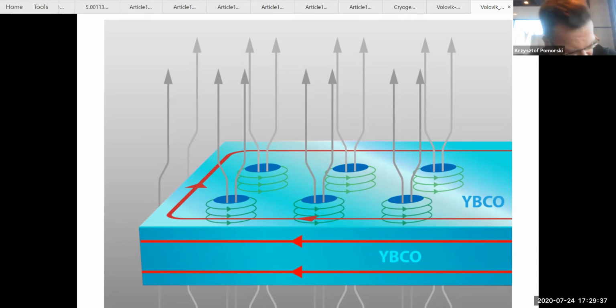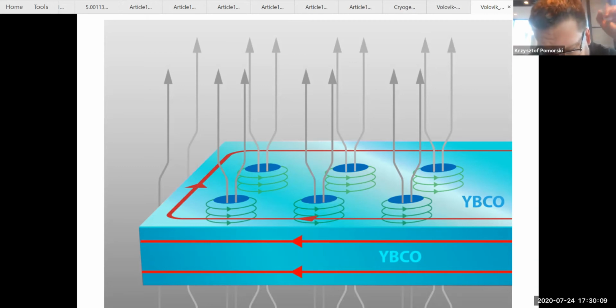What happens is that there is a non-dissipative superconducting current around the vortex core. Vortex is the name of this topological defect, and if these vortices are far apart, they have a feature like particles.